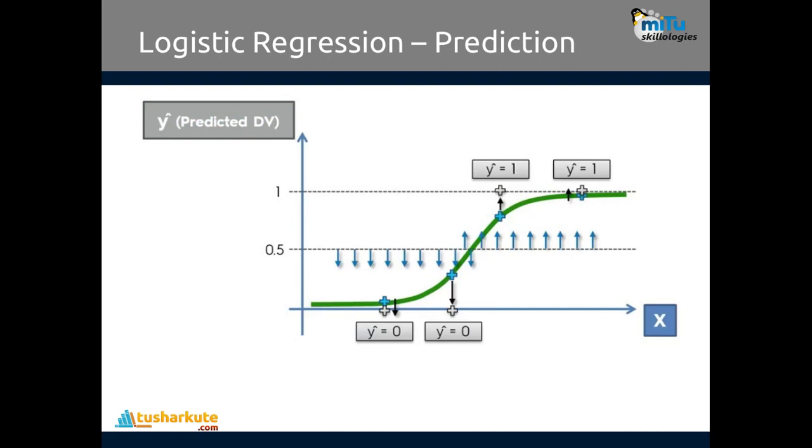Now let's see how the final prediction is done. I have converted that data into the form of the predicted dependent variable y hat. Now let's consider the center of this particular curve: 0.5 is the probability center.